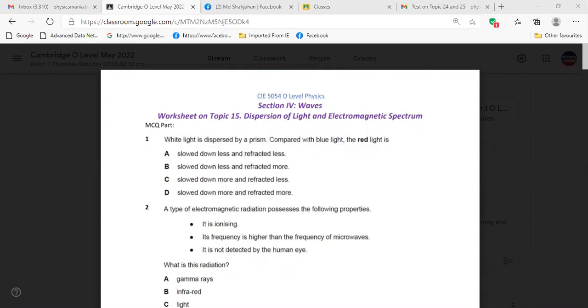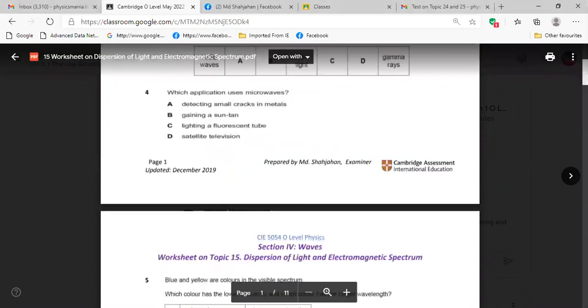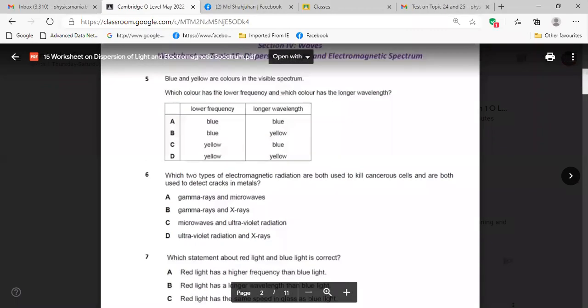Let me check. Now you can see, right? Yes, sir.